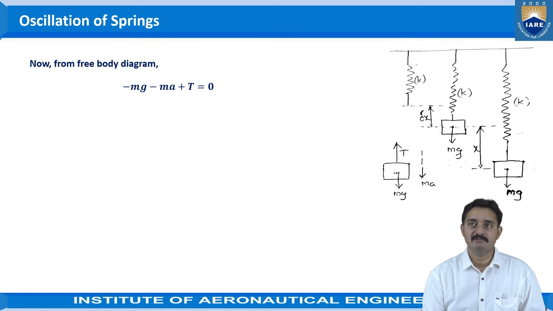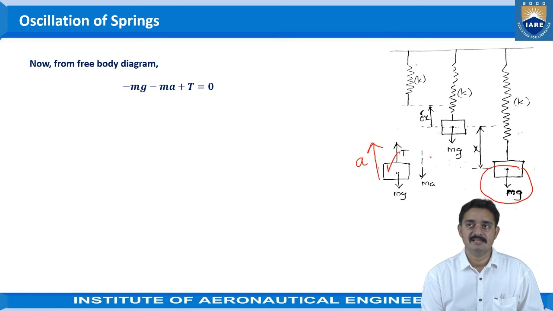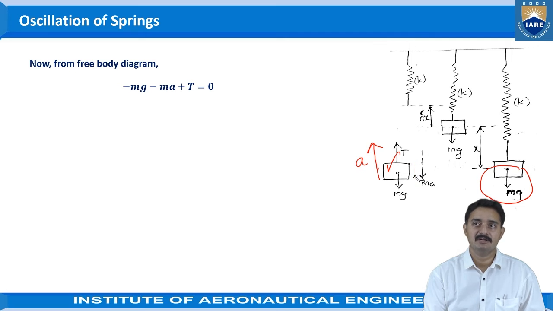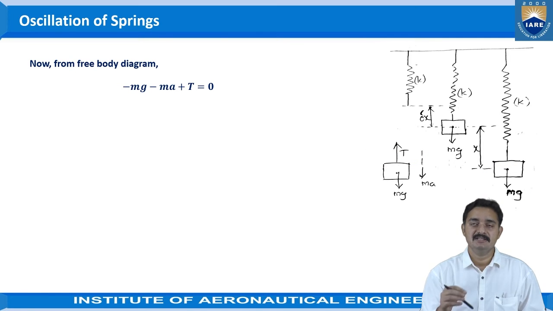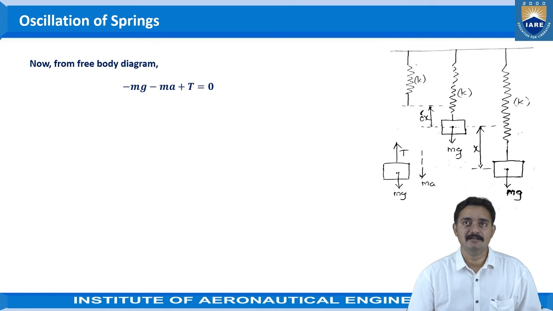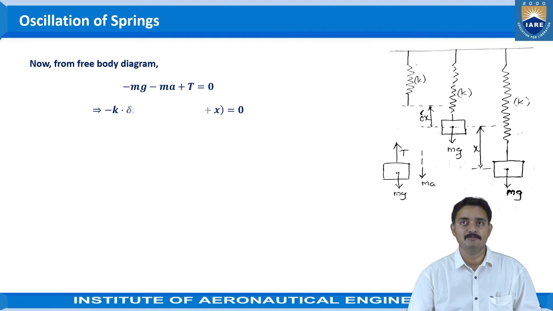As this body has been released from the extended position, the acceleration will be acting upward. Hence, the inertia force, that is Ma, will be acting downward. Considering the sign conventions, we can write minus mg minus ma plus T is equal to 0.